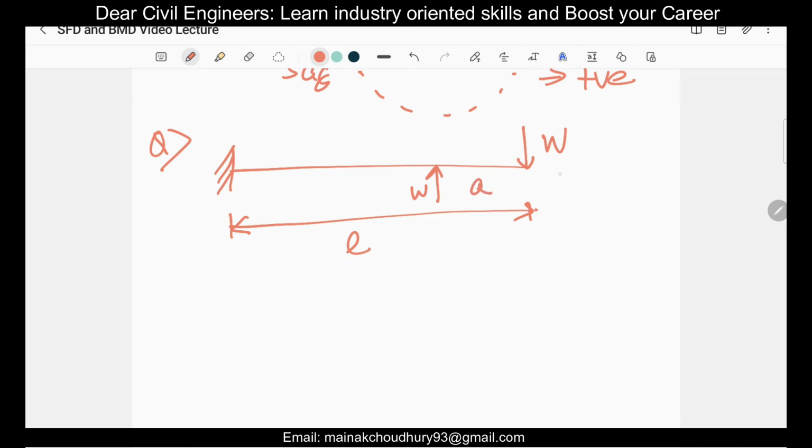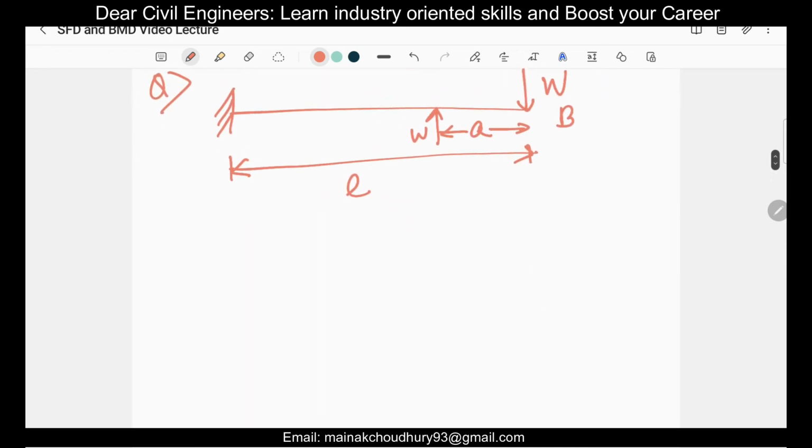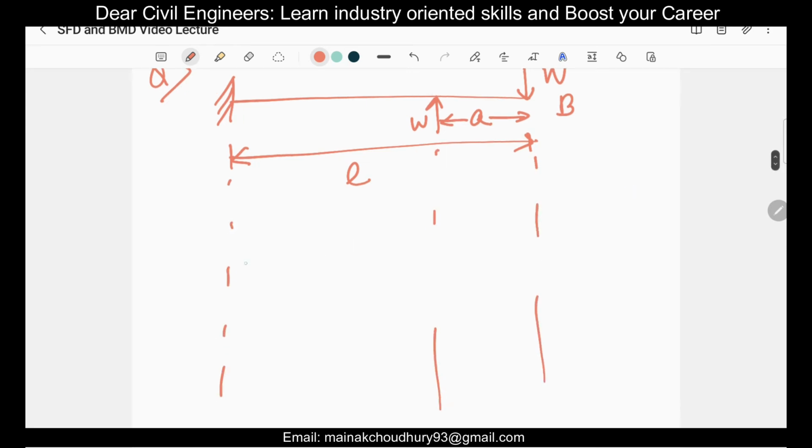This distance is A, this distance is L. Now in this particular cantilever beam, we want to find the shear force diagram.